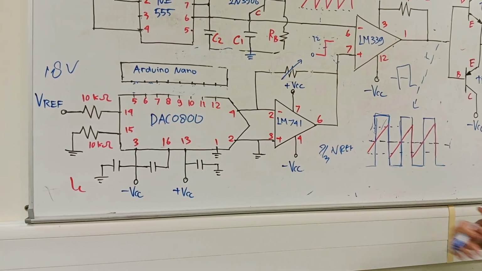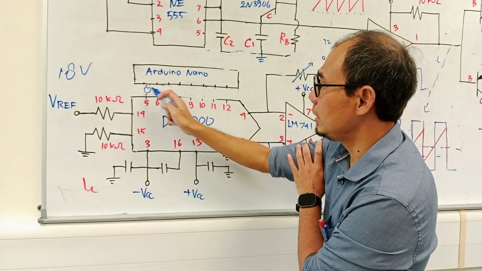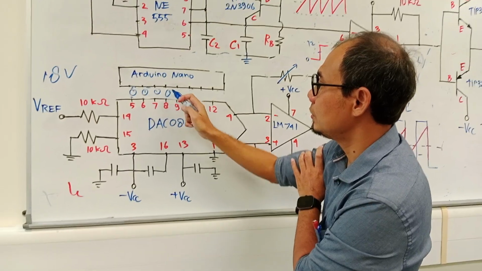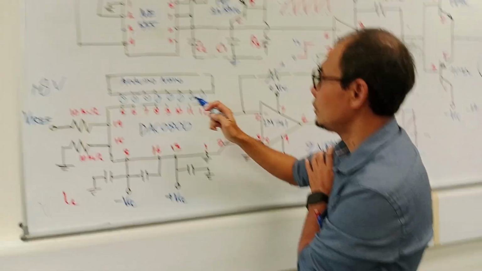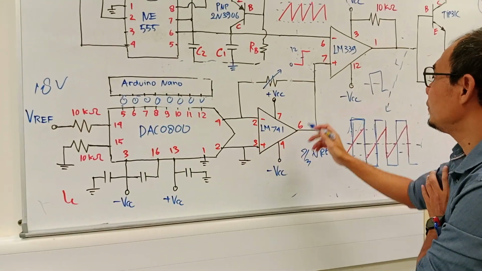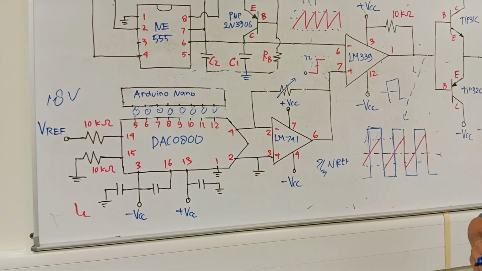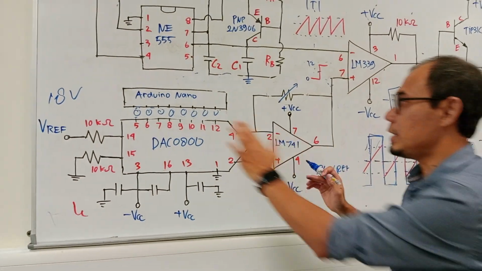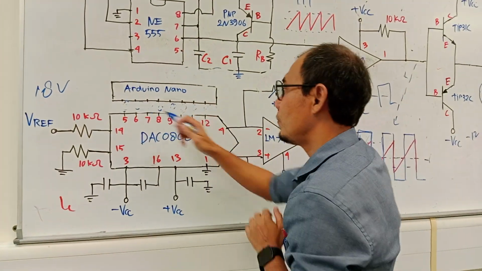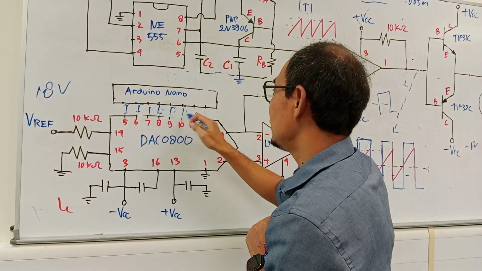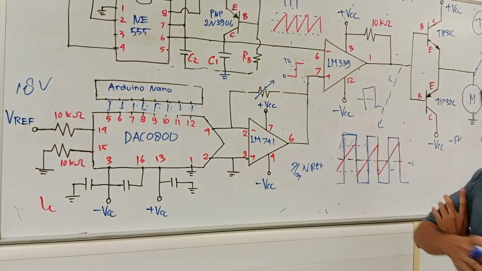For example, if you give the binary input of the Arduino as all 0s, this will give you 0 volt here. And if you put all 1s, you will get the maximum, which is 12.